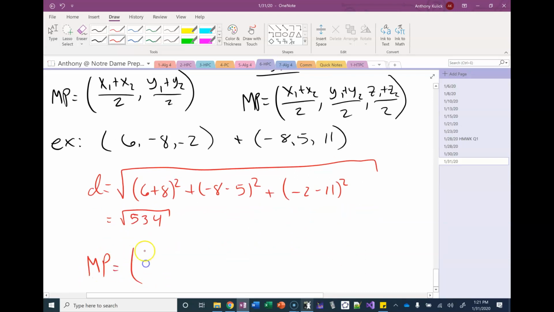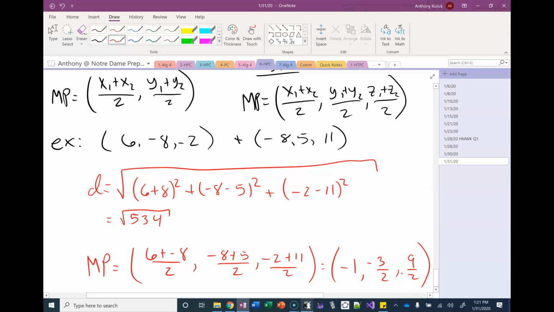If I want to do the midpoint, I'd get that. Everybody okay there?